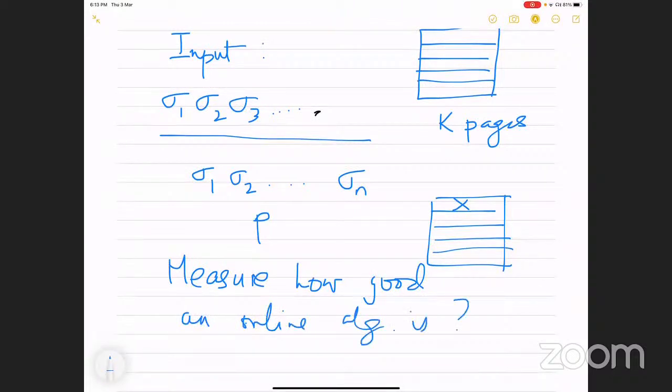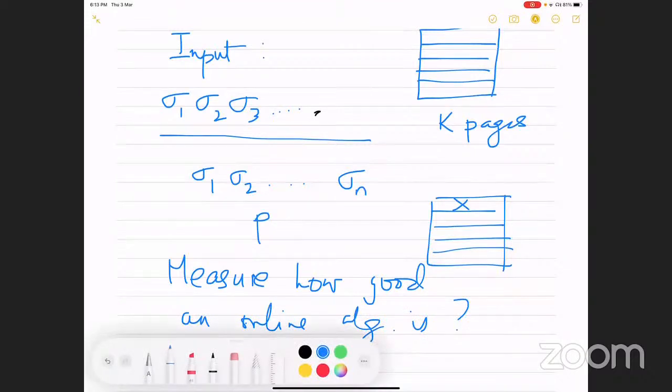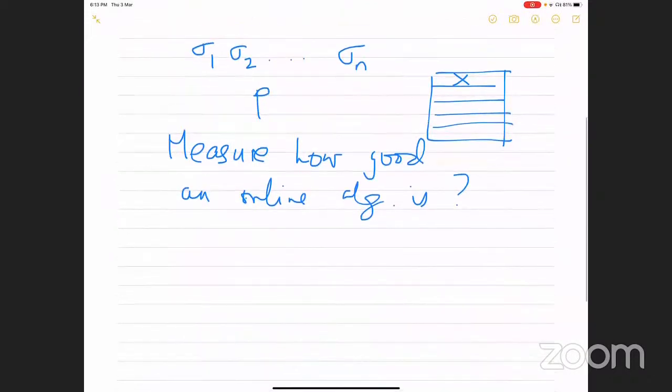This is done by measuring the ratio of the cost incurred by this algorithm, and somebody who knew the entire sequence, what would be the cost incurred by that algorithm. Looking at the ratio of these two things, this is called competitive ratio.